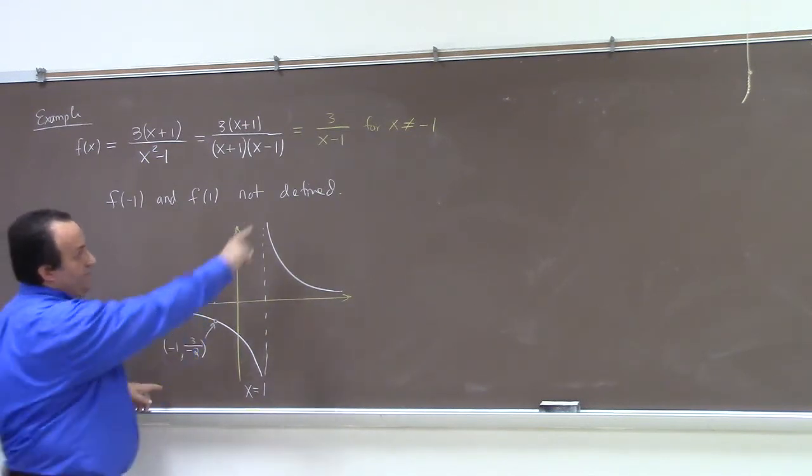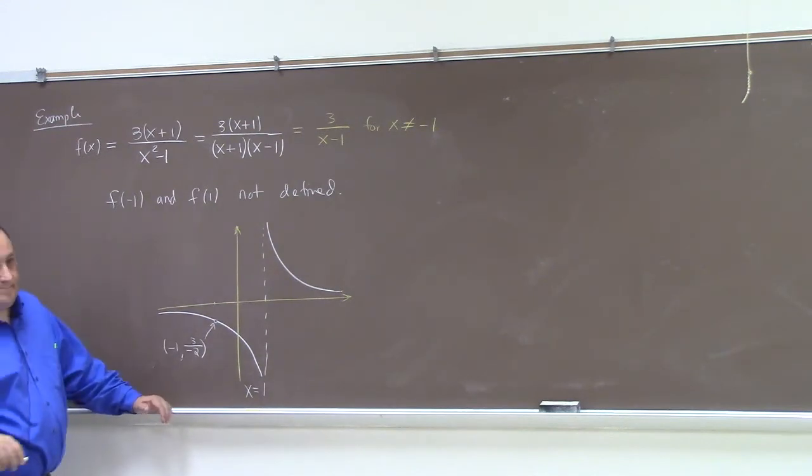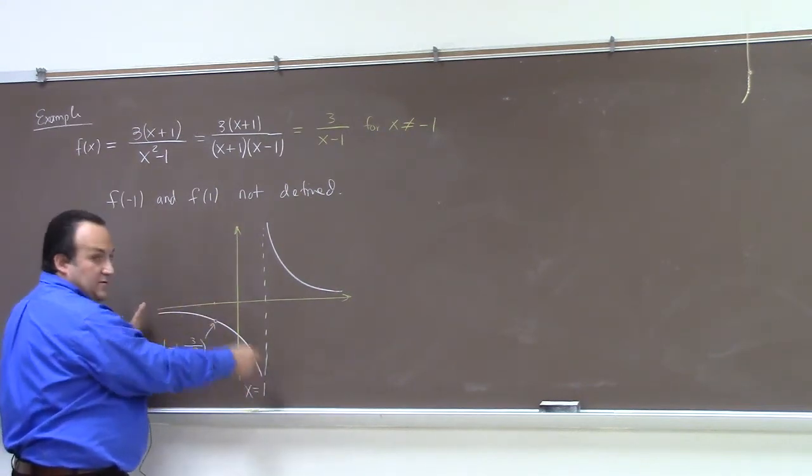I know that from plugging it into here. If I was just to graph y equals 3 over x minus 1, it would be the same picture, just fill in the hole.